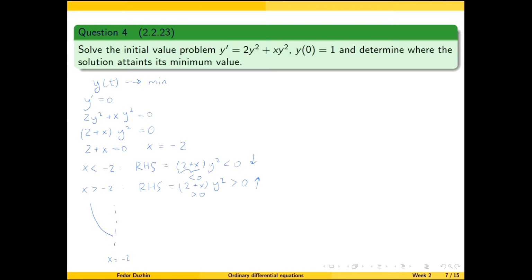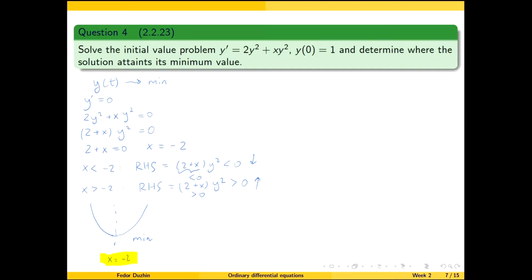At x equals negative 2, its derivative is 0, and then it starts increasing. So clearly when x is negative 2, we have a local minimum. Therefore, the solution attains its minimum value at the point when x equals negative 2. So x equals negative 2 is the answer to the second part of this problem.